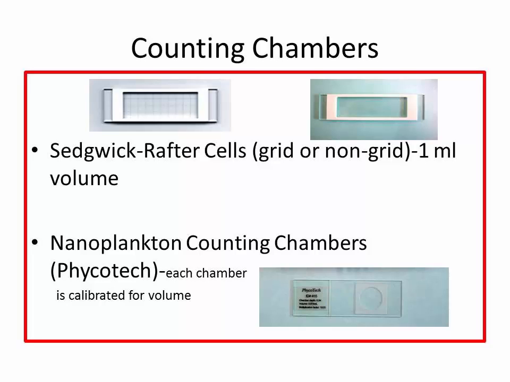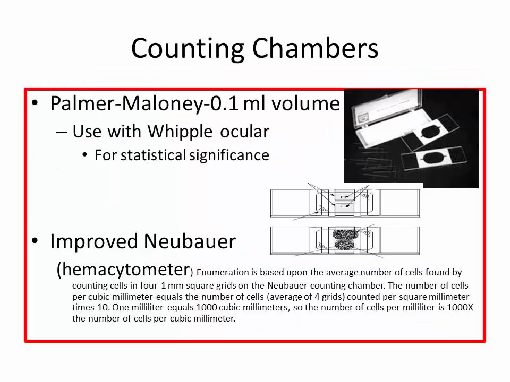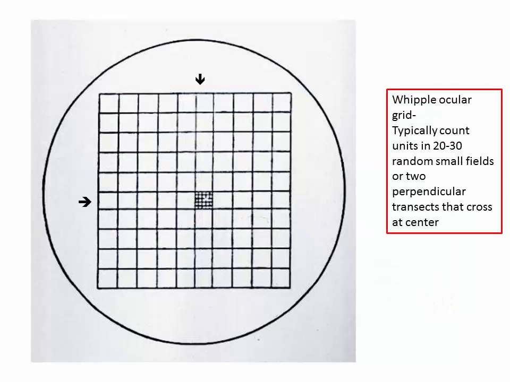What I have ended up using is a little different. Here's a reference to that Whipple ocular, which traditionally and classically has been used a lot by the limnologists and phycologists as well. It's called the Palmer-Maloney, and it's a 10th mil volume, and then the ocular that you use is the Whipple ocular in the microscope, which gives you the statistical significance, and we'll stick with that in just a minute.